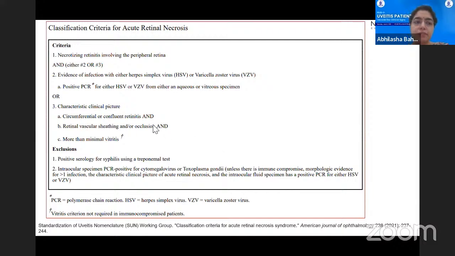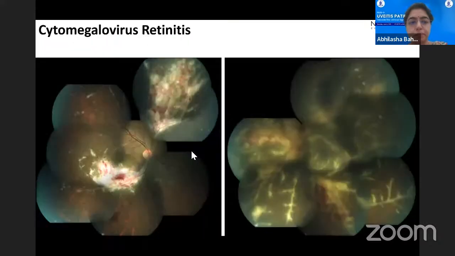The classification criteria for acute retinal necrosis according to the SUN Working Group: necrotizing retinitis involving the peripheral retina and either a positive PCR or a characteristic clinical picture of circumferential or confluent retinitis, retinal vascular sheathing and/or occlusion, and more than minimal vitritis. The exclusion criterion is a positive serology for syphilis.